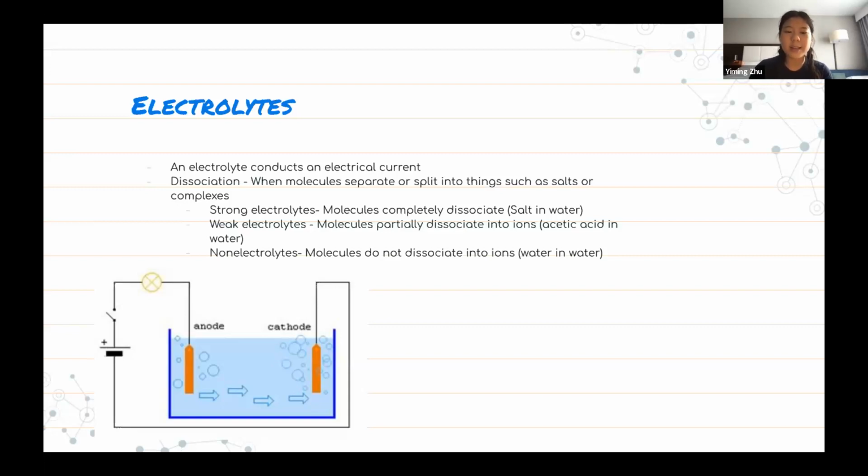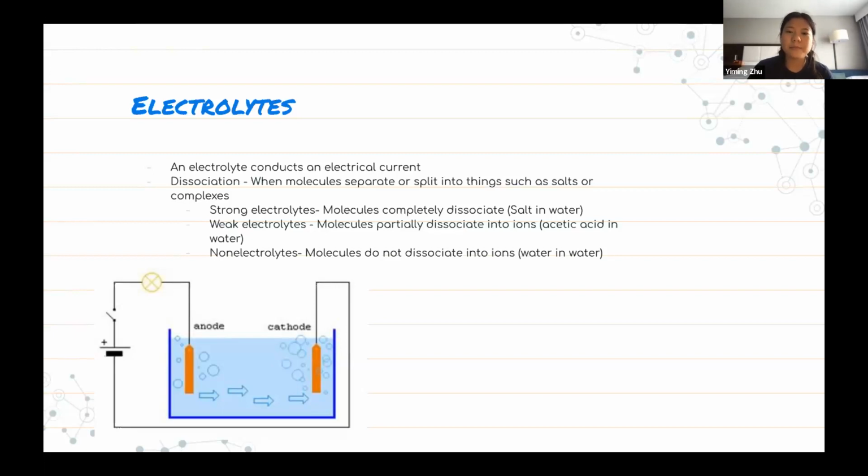So basically, electrolytes are separated into three groups: strong electrolytes, weak electrolytes, and non-electrolytes. In strong electrolytes, molecules completely dissociate in water. Dissociation means when molecules separate or split into things such as salts or complexes, while weak electrolytes only partially dissociate into ions, and non-electrolytes basically don't do anything.